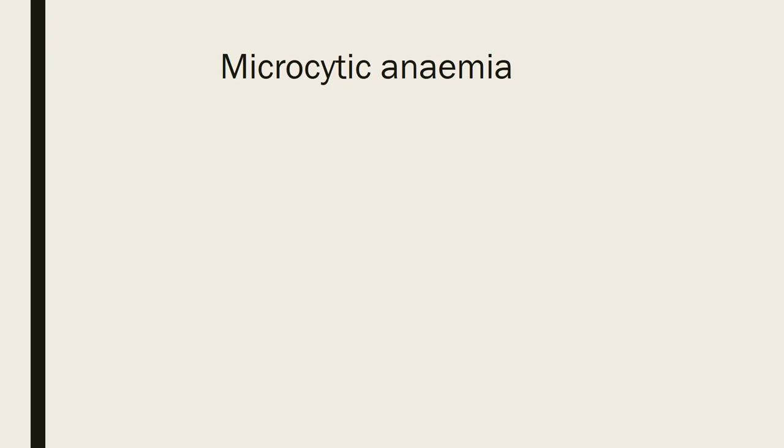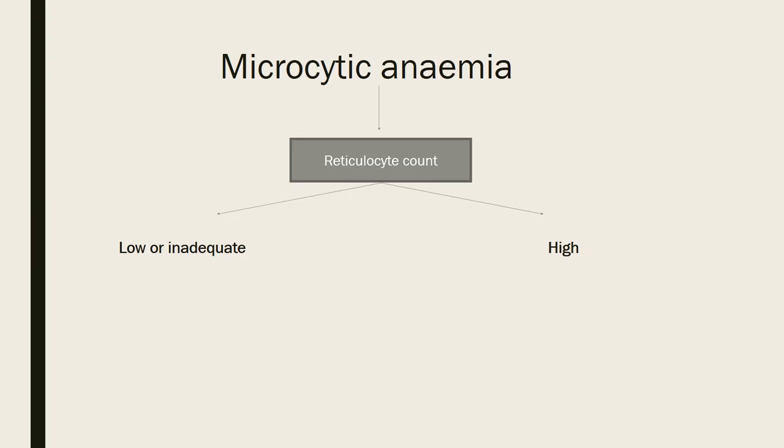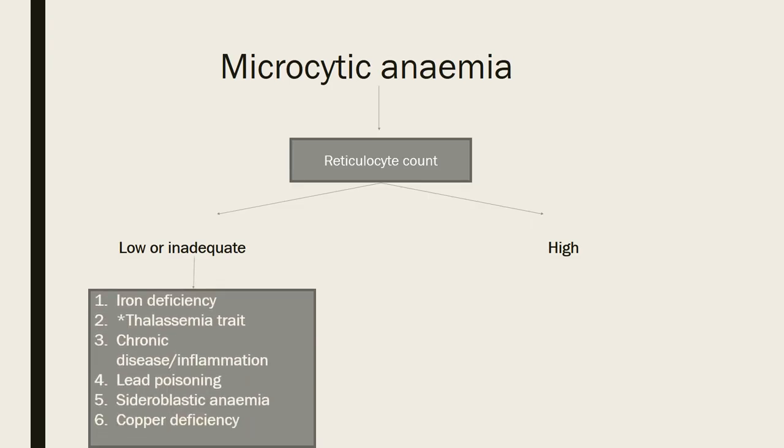And the second thing is we have to perform the reticulocyte count. If the reticulocyte count is low or inadequate, then there are various causes of microcytic anemia with decreased reticulocyte count, for example iron deficiency anemia, thalassemia trait, chronic diseases or inflammation, lead poisoning, sideroblastic anemia, or it may be due to copper deficiency.